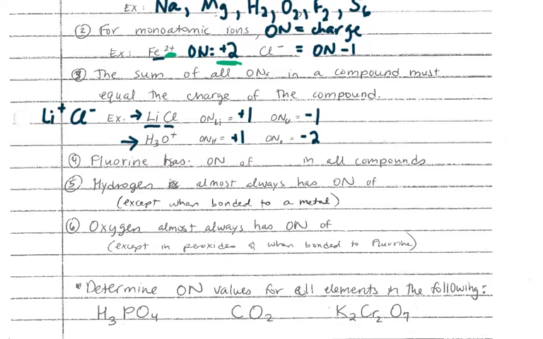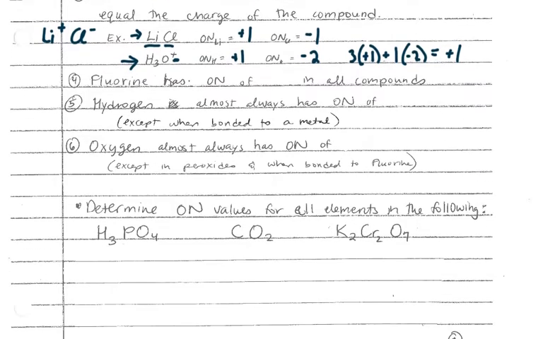And so when we add 3 hydrogens at +1, plus 1 oxygen at -2, we get a sum of +1, which works because the charge here is +1. So the sum of all those oxidation numbers needs to add up to the charge of the compound or polyatomic ion.